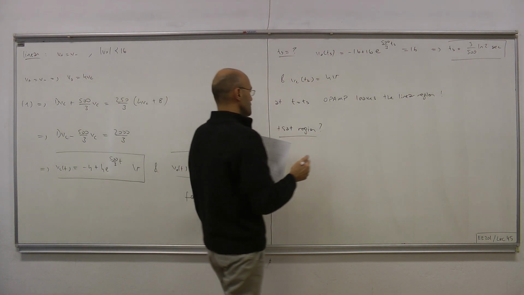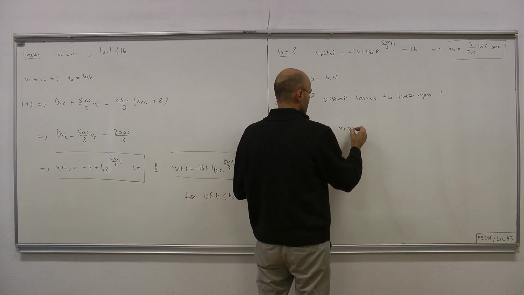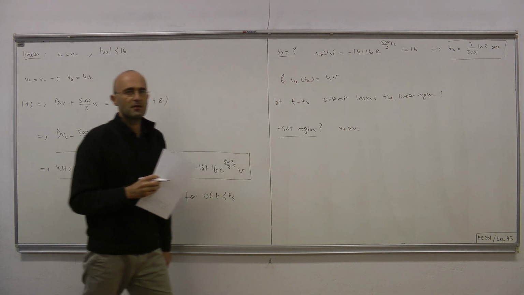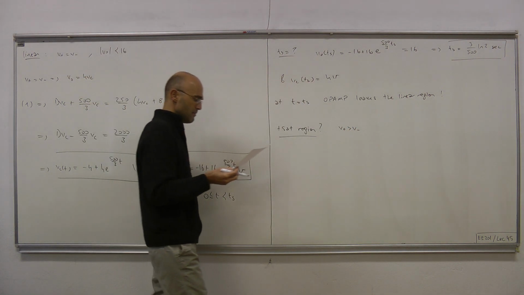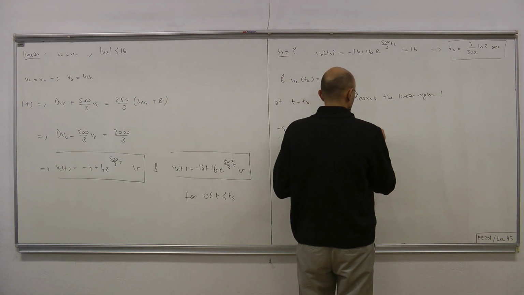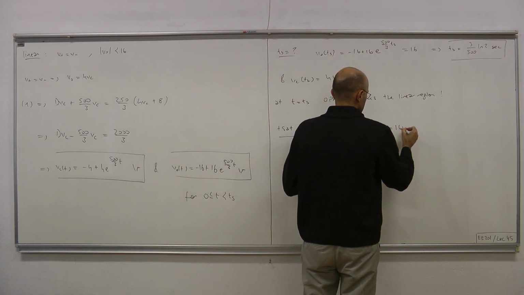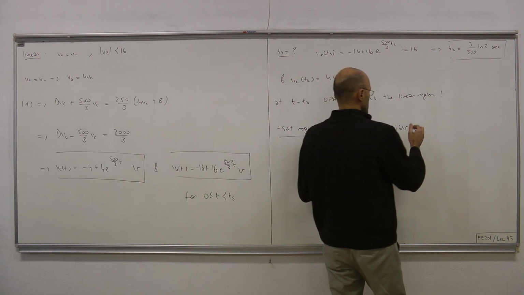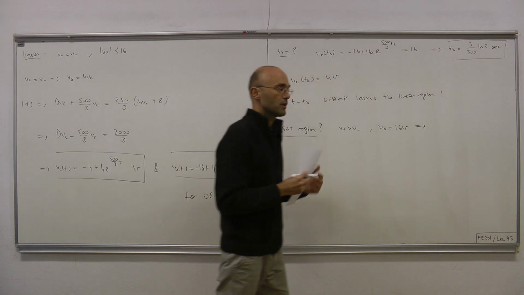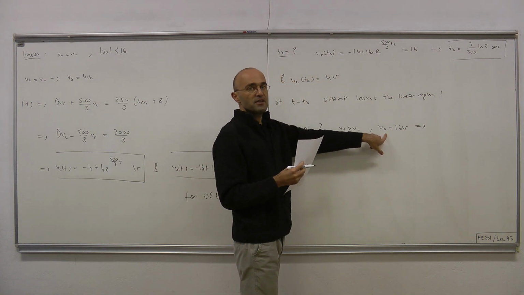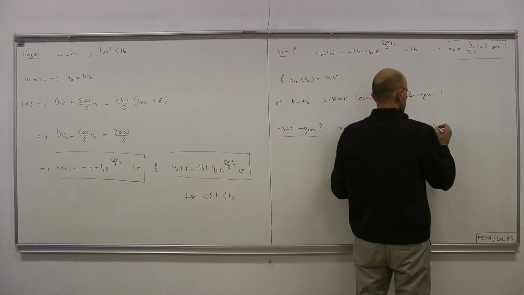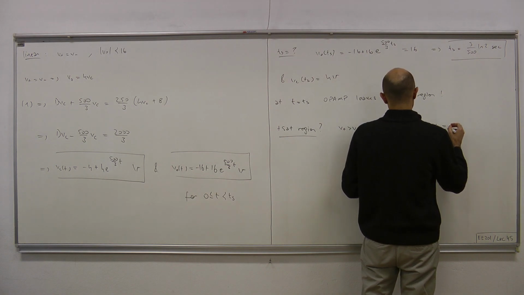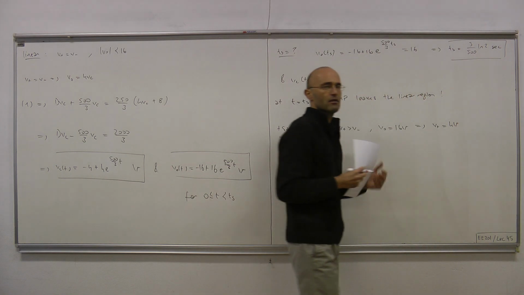Now the condition for positive saturation region is that V plus must be larger than V minus. V out is fixed at 16 volts. And due to that voltage divider in our circuit, if V out is fixed at 16 volts, then V plus is fixed at 1/4 of that, 4 volts.